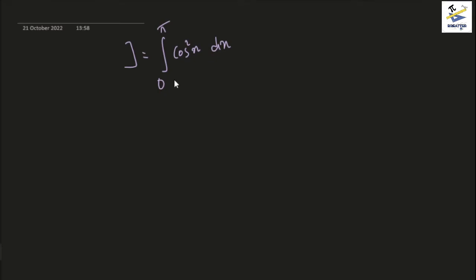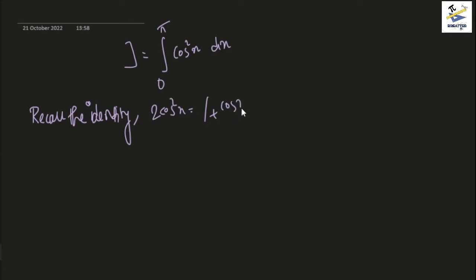You see, whenever you have a power or a perfect power of sin x or cos x, they can be evaluated in terms of linear sine and cos functions. So recall the identity: 2 cos square x equals 1 plus cos 2x, right?